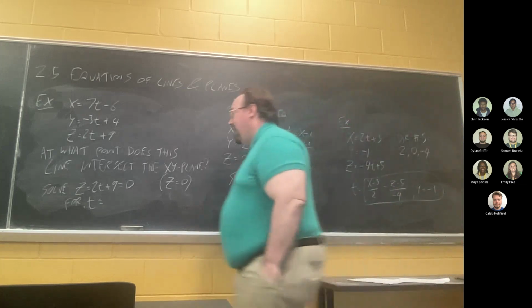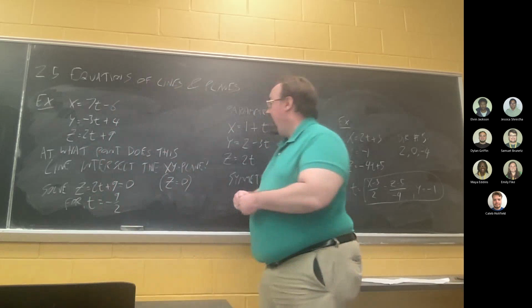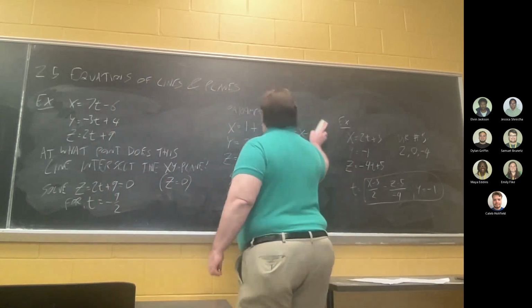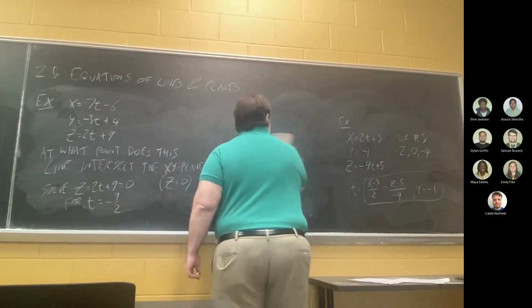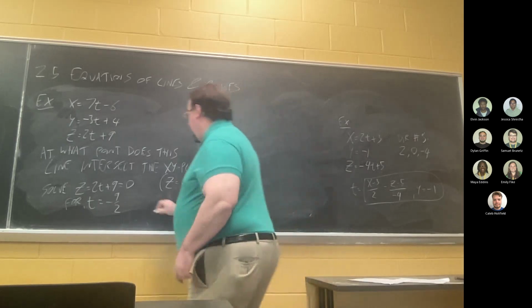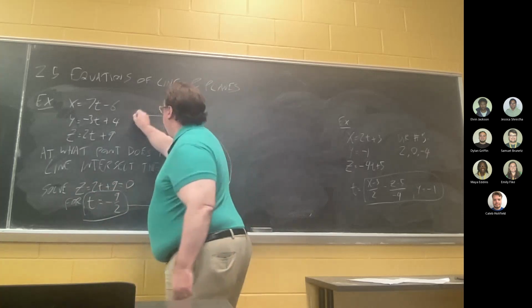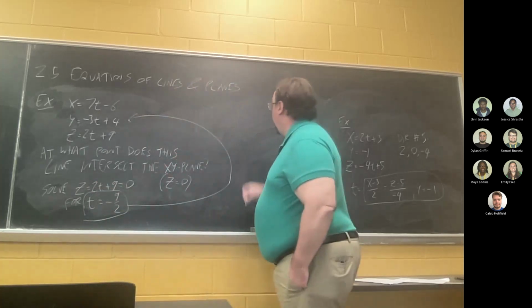Yeah, minus 9/2. Okay, so then to get the actual point of intersection, what do you do to finish this off? Yeah, you substitute your parameter value into the other equations.